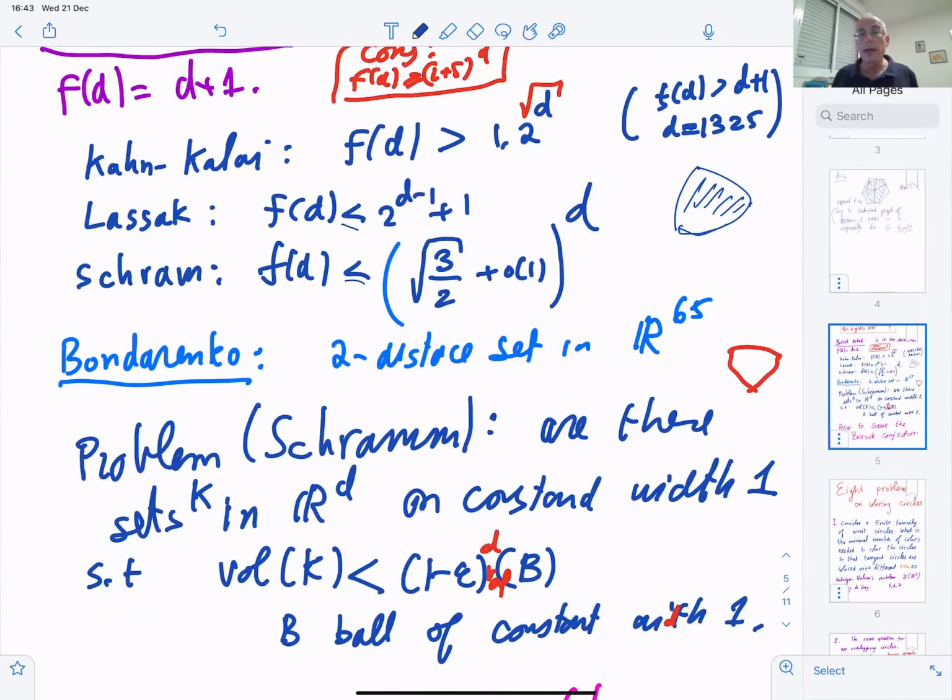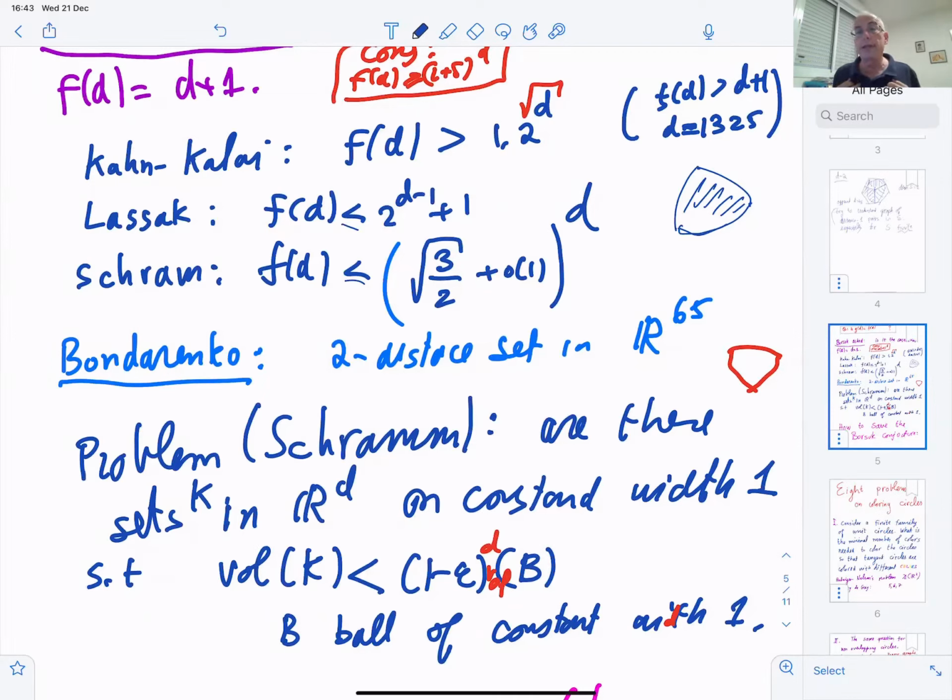Perhaps the most clear-cut question about Borsuk's question is whether this function f(d) is exponential in d or lower. Our lower bound is 1.2 to the square root of d. I think this was slightly improved, but the square root of d was not improved. And the upper bound is some constant to the d.